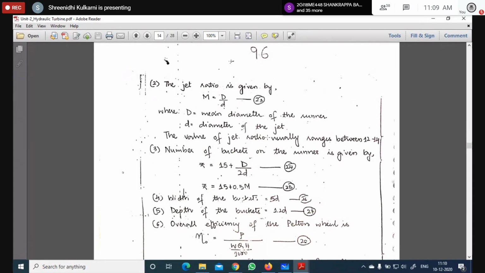So the jet ratio is given by M is equal to D by d.